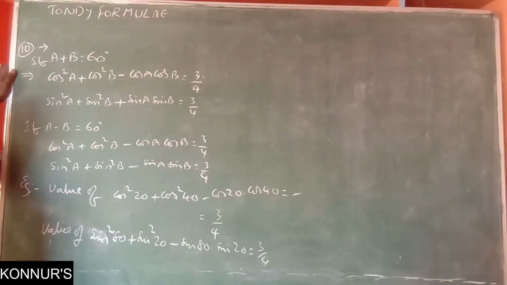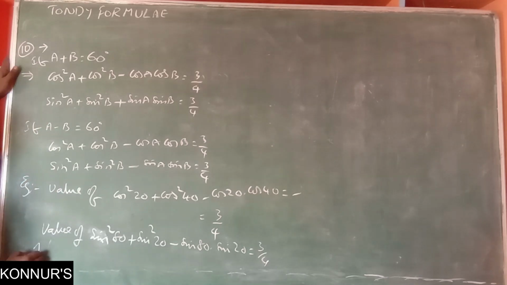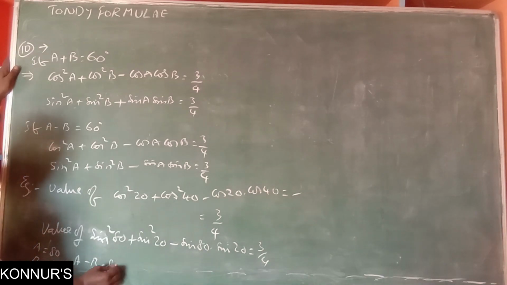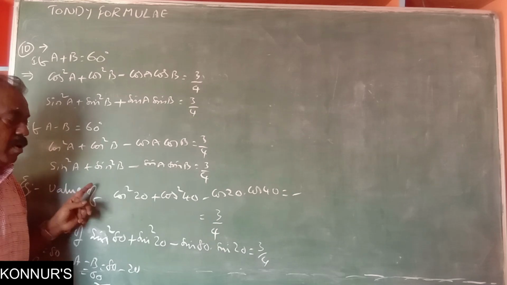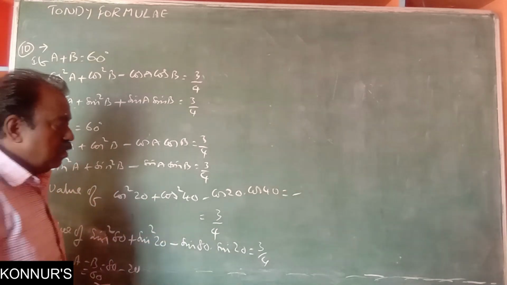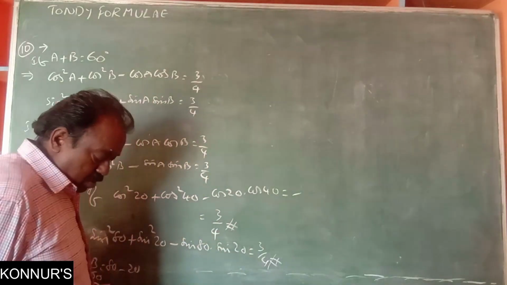Because I am using this formula. Here A is 80, B is 20. A minus B is 80 minus 20, which means it is 60. Okay now? So here also by using this formula we get 3 by 4. So in two cases it is 3 by 4.